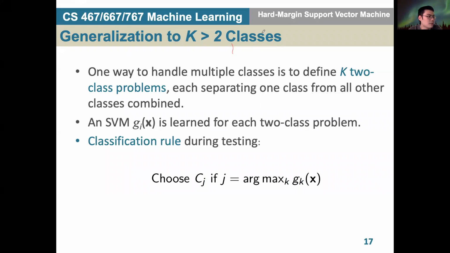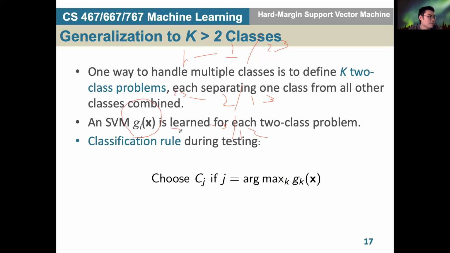You have class 1, and SVM differentiates 1 from 2, 3; 2 from 1, 3; 3 from 1, 2. For each of them you have a score. Let's say this score is 10, this is 20, this is 30. If this one is the highest, then you take class 3.